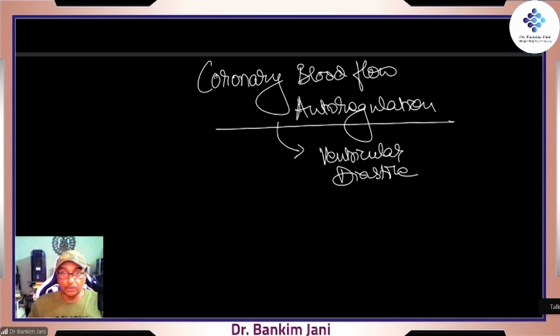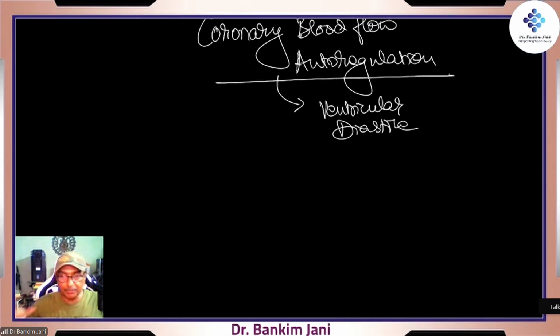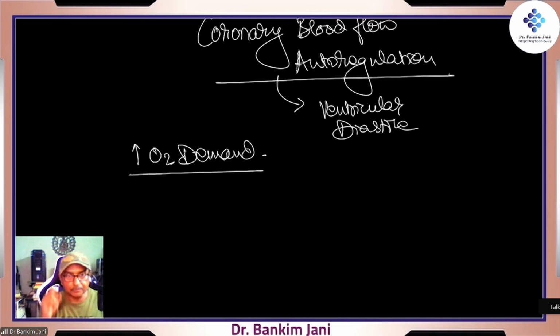Whenever there is an oxygen demand, because an oxygen deficit will come, because muscles are asking for oxygen. Whenever there is an increase in oxygen demand, it will require ATP, and ATP will be used for the heartbeat.